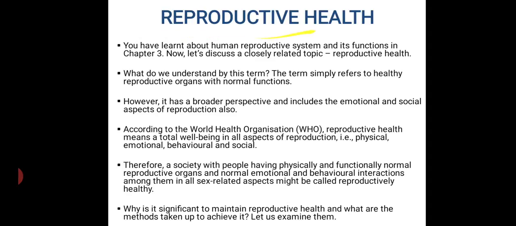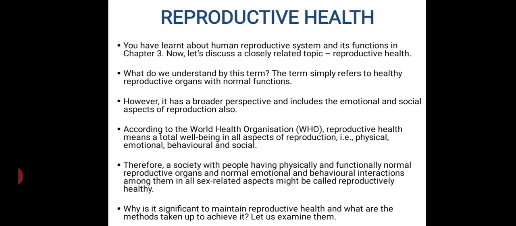Reproductive health means the health or well-being of the reproductive system or the organs associated with reproduction. However, it has a broader perspective and it includes emotional and social aspects of reproduction also.